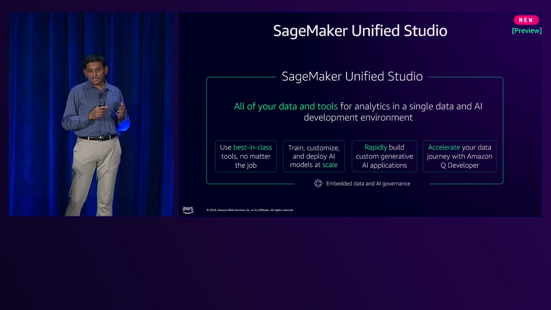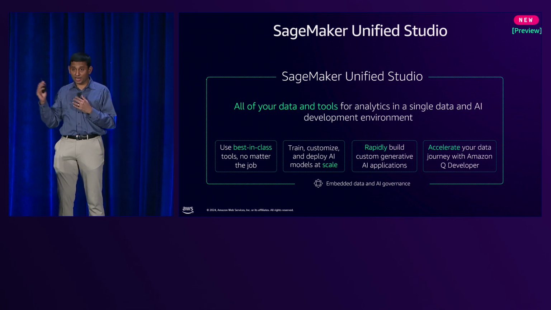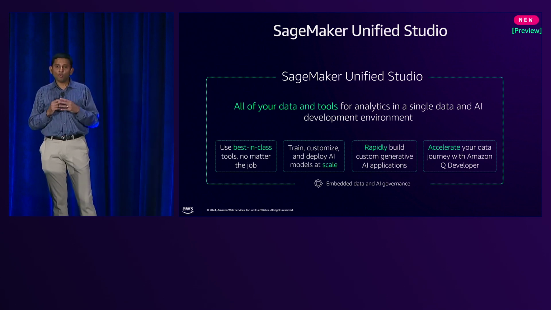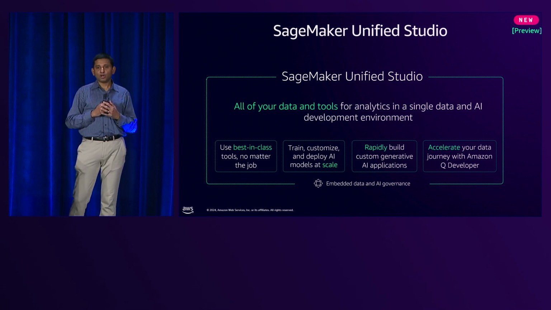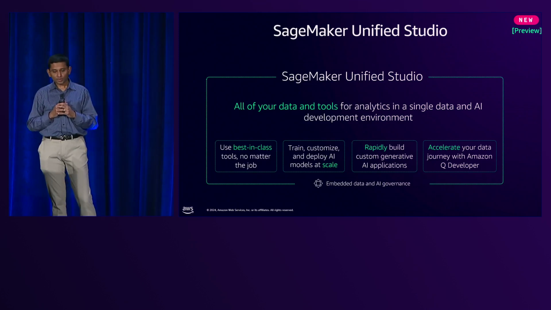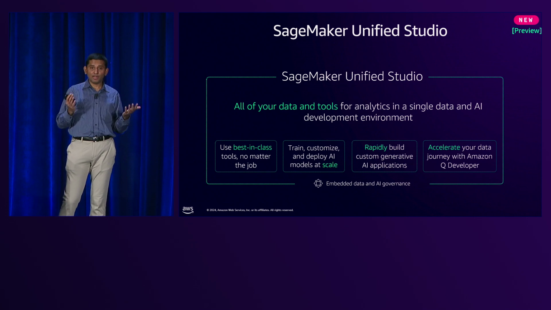You can easily train, customize, and deploy AI models at scale. With SageMaker Unified Studio, you can develop AI, machine learning, and foundation models using SageMaker AI's fully managed infrastructure, tools, and workflows. You can rapidly and efficiently build generative AI applications in trusted and secure environments using Bedrock IDE.